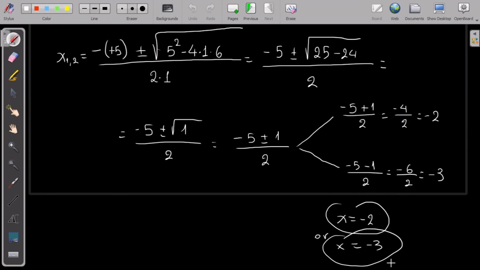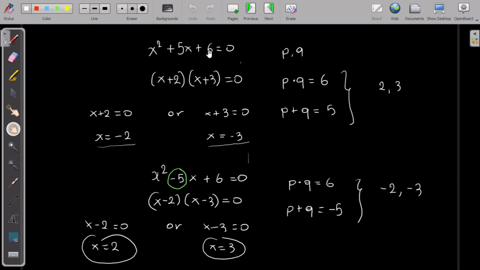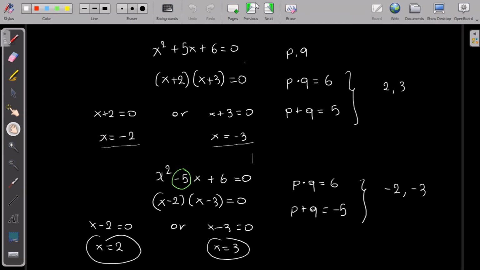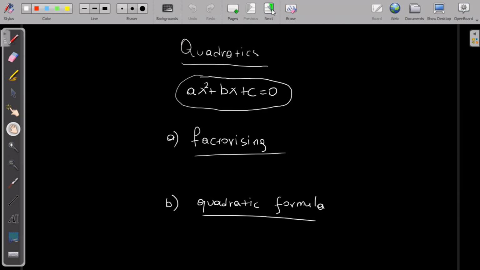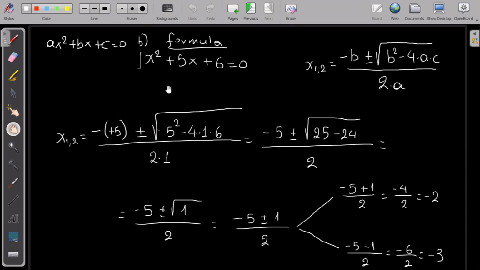The quadratic formula gives me the answer immediately. Now be careful, I mostly use the quadratic formula when I cannot factorize the quadratic. When I cannot factorize the quadratic, then I am obligated to use the quadratic formula.